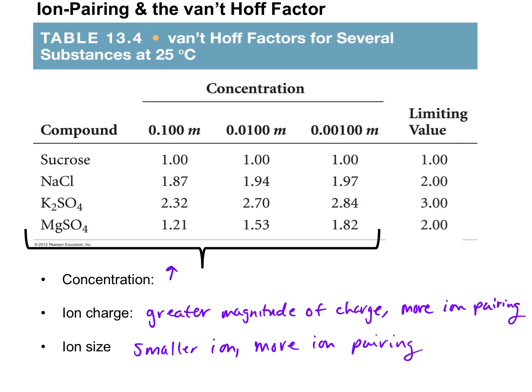So if we increase the concentration, ions are closer together, more ion pairing. Does that make sense? Cool.